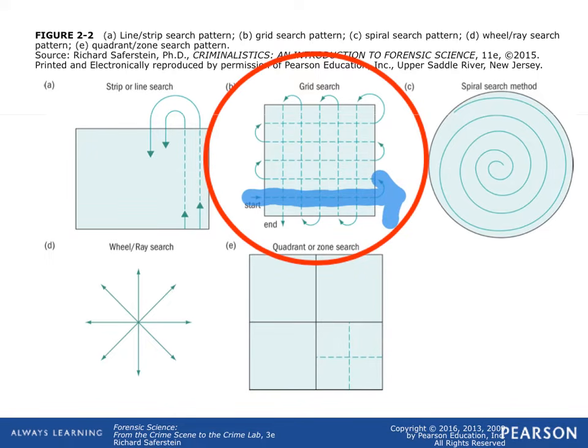In the meanwhile, you have another investigator or investigators start, and he or she are going to be going in this direction, and they will be doing a strip. Whenever you do this, hopefully you can see that you're going to double back on each other. And so it forms a little grid, hence the reason why it's called a grid search pattern.